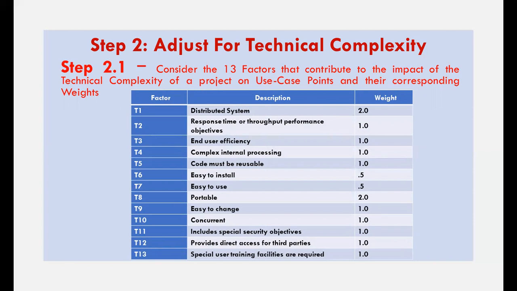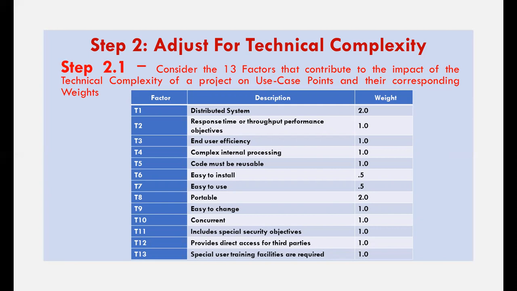Here we have 13 factors, technical complexity factor 1, 2, 3, 4, 5, and so on, and each of these 13 factors has been given certain weights. Many of these factors represent the project's non-functional requirements.